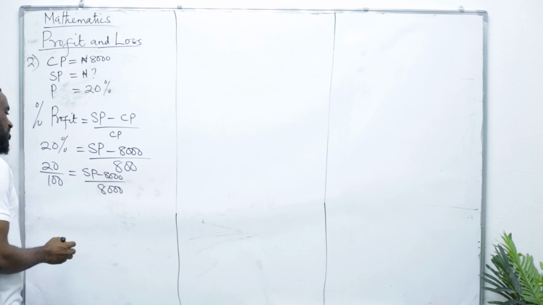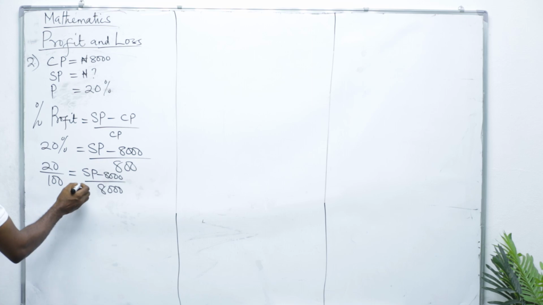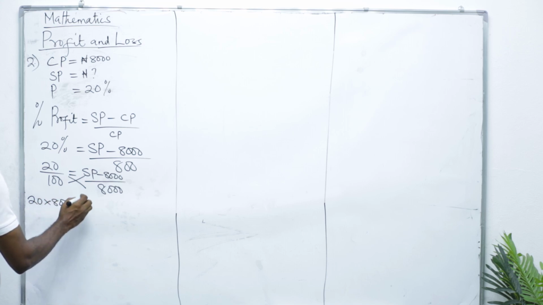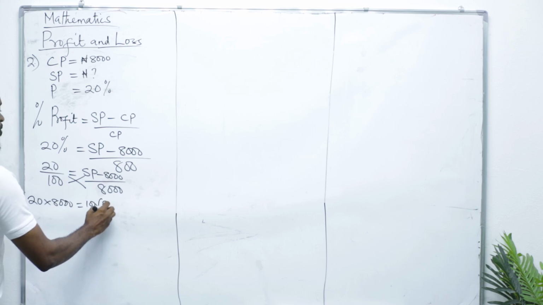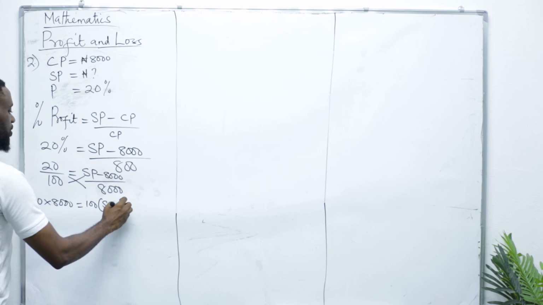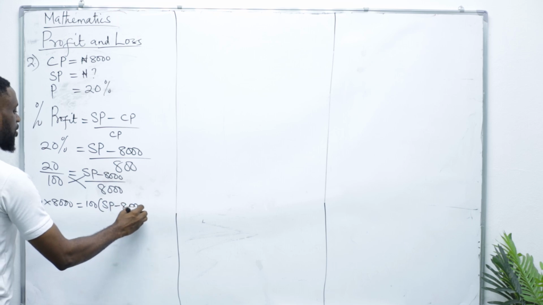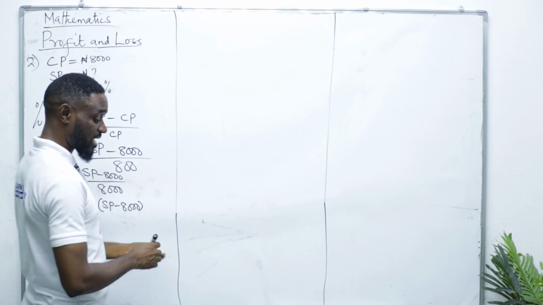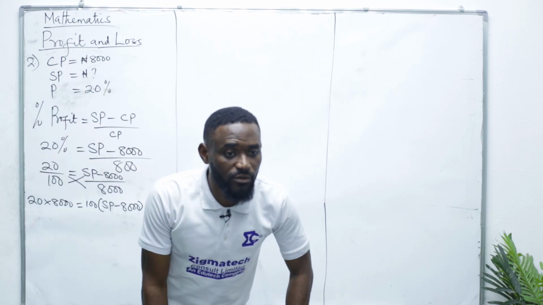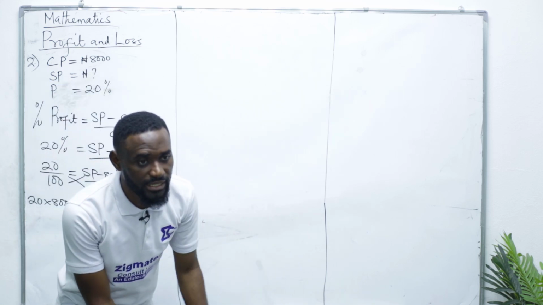Is that okay? So it means that at this point we can cross multiply, all right? So this will mean 20 times 8,000 is equal to 100 into SP minus 8,000. Okay, so that is what this means now. So let's look at what that figure is.